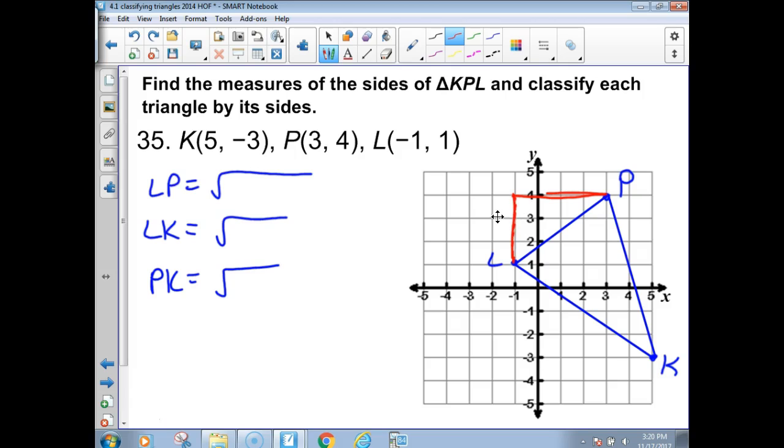That's what you need to know. All right, so if you did L to P, did you get the square root of 25? And that's how much? It's actually reducible. I mean, you can do the square root of 25. It's 5. Okay, find L to K.